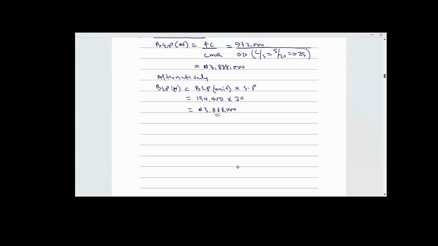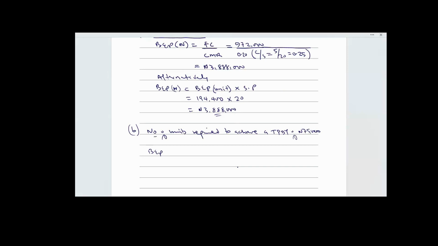So number B, break-even number of units required to achieve a targeted profit before tax of 75,000 naira.